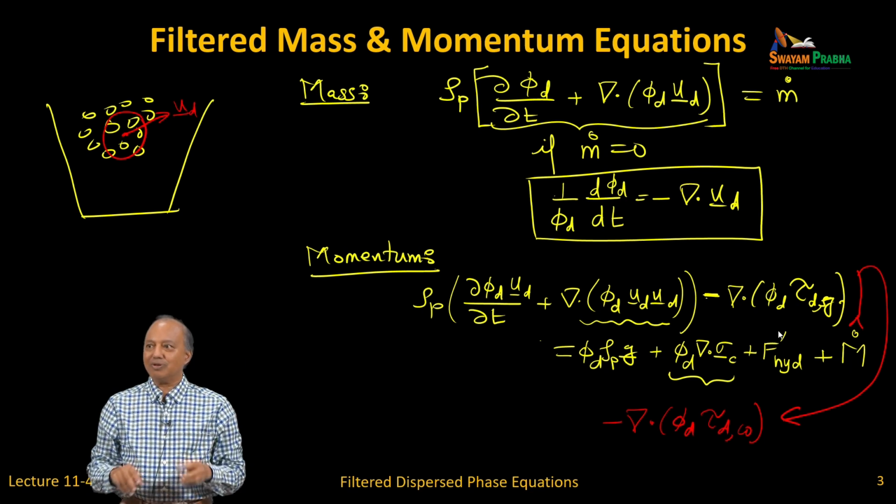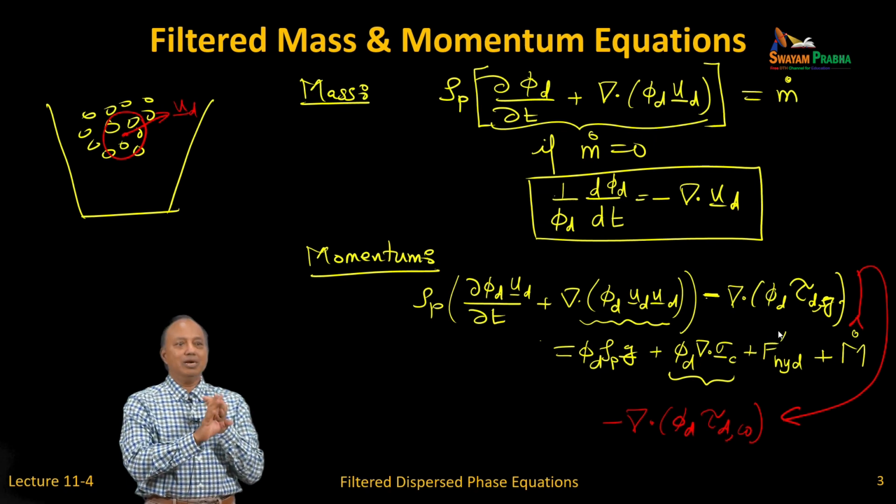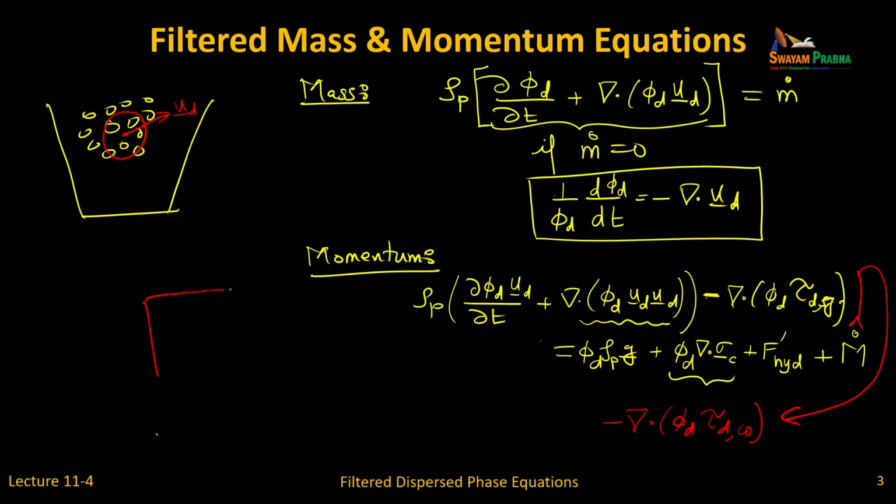velocity can fluctuate. Particle velocity can fluctuate for three reasons. One, if you take a volume and you take all the particles in there, each of them has some velocity, but there is also the cell average ud.